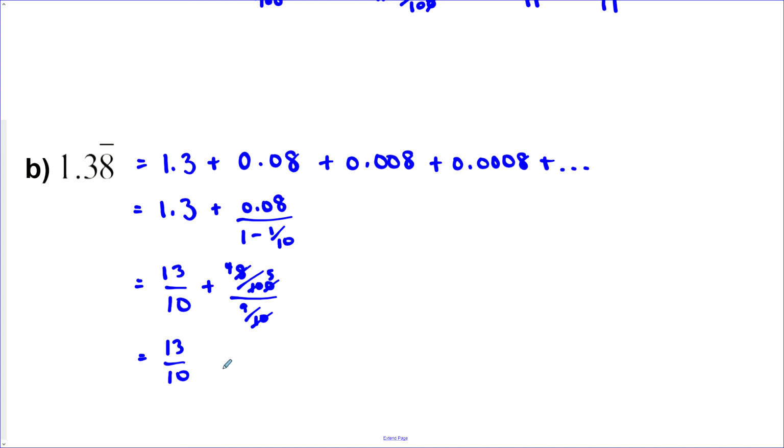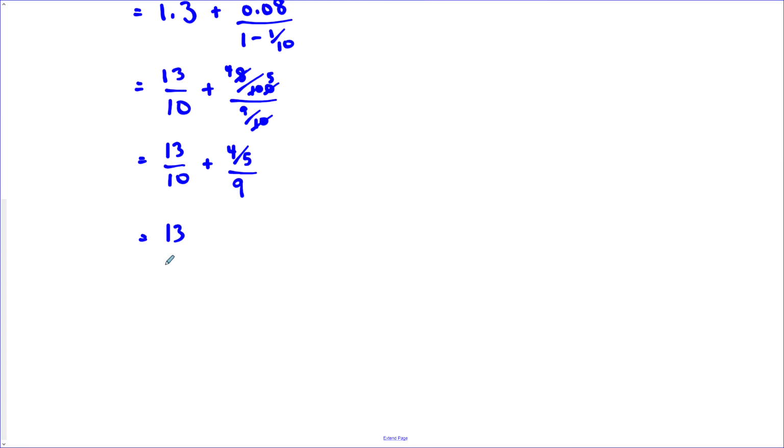Now let's do one more step, just because this is kind of messy. We've got 4 over 5 divided by 9. And let's say 4 over 5 times the reciprocal is 1 over 9. So we've got 13 over 10 plus 4 over 45. And we need a common denominator here, so it looks like 90. So multiply this by 9.